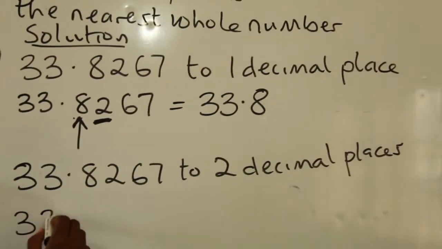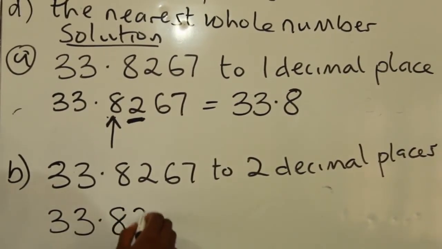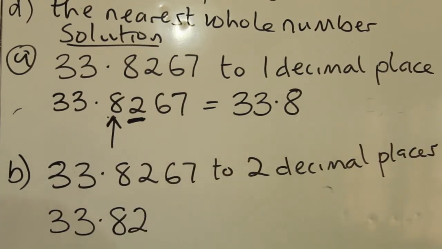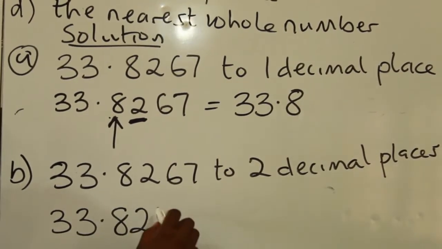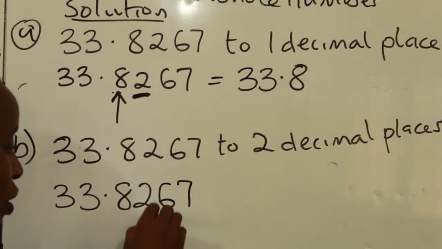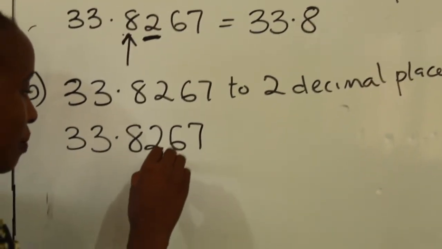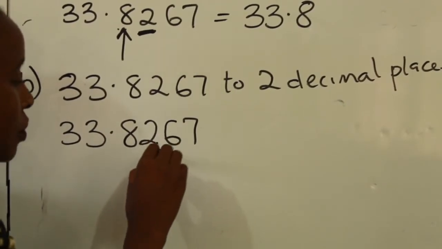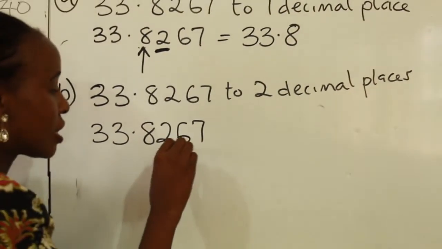This is 33.82. The digit that is needed here is the next one, which is 6. This is after the second digit, 2 decimal places.